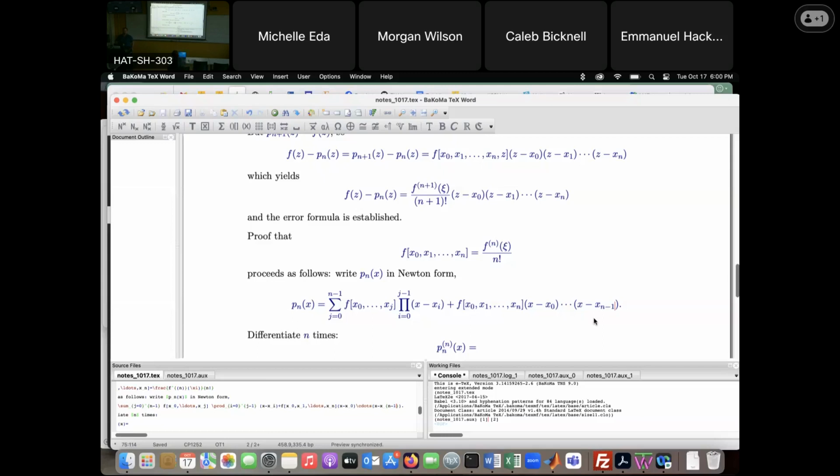Yeah, so like in the case of x to the 4th, you get 4x cubed, 12x squared, 24x, 24. Okay, so then what we're left with is n factorial, and then I still have a divided difference that's sitting here.